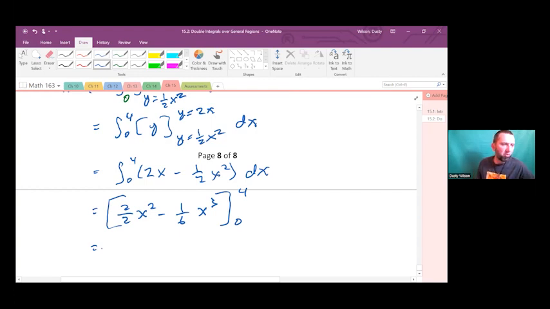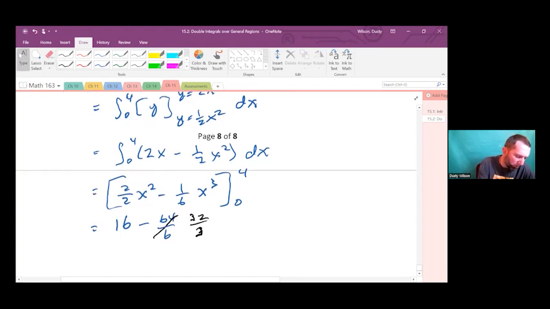Both are going to be 0 at 0. So we're going to have 16 minus 4 cubed is 64, 64 over 6, which would be the same thing as 32 over 3. So that'd be 48 over 3 minus 32 over 3, or 16 over 3.